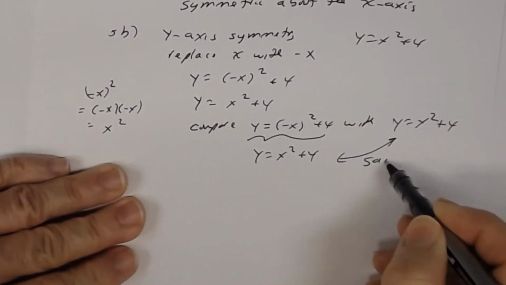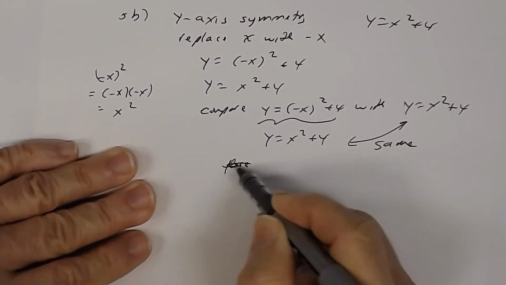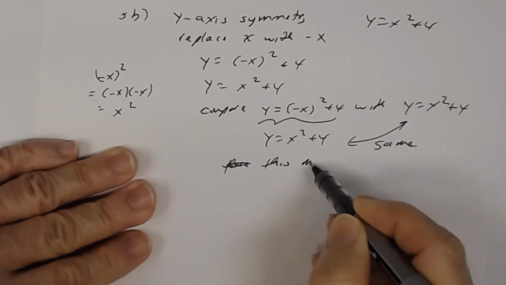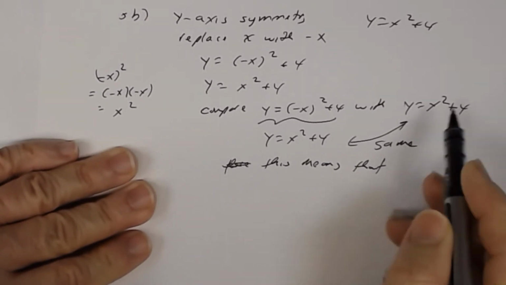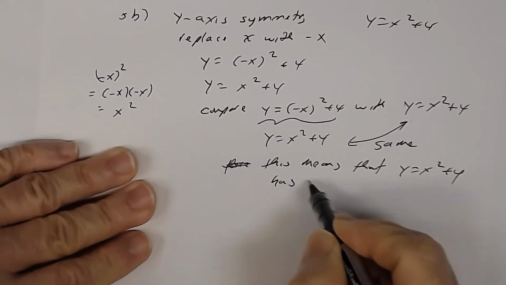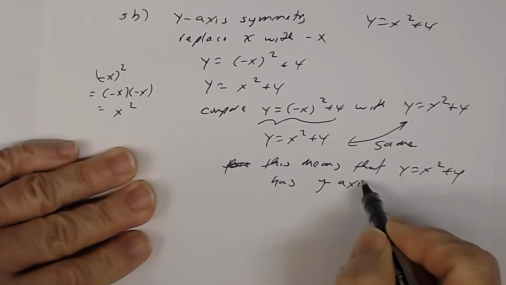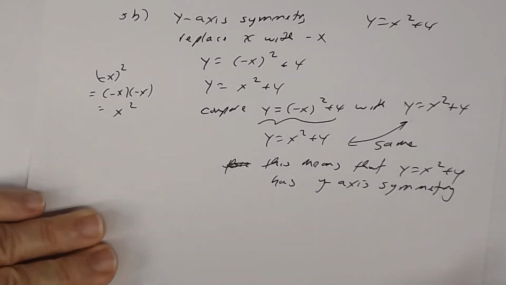These are the same, right? So this means that our relation, y equals x squared plus 4, has y-axis symmetry. That's what that means. Okay?